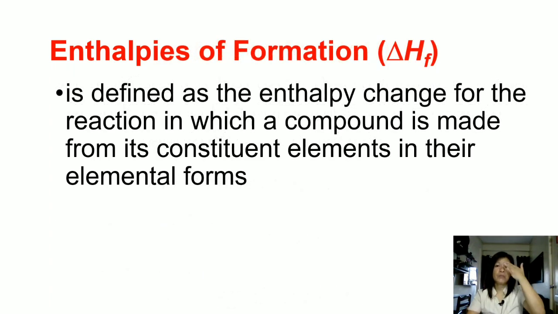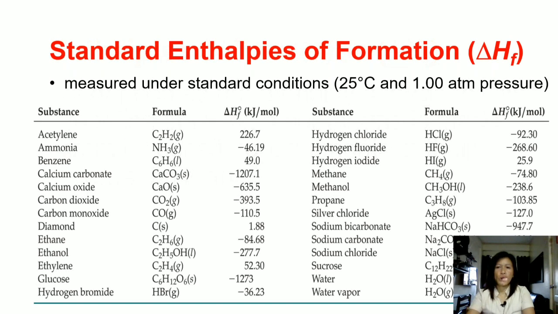What about enthalpy of formation? Enthalpy of formation is defined as the enthalpy change for the reaction in which a compound is made from its constituent elements in their elemental form. We have constant standard enthalpies of formation. We have here some substances, for example, carbon dioxide.